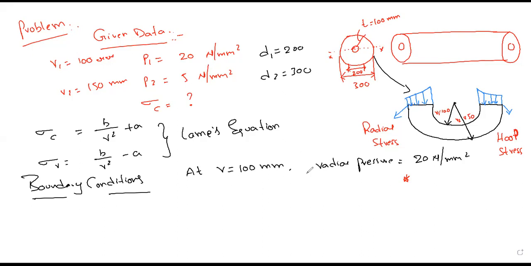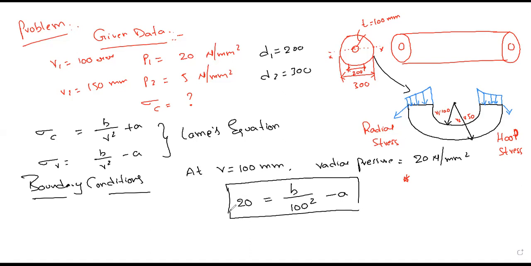Right? So by substituting these values, 20 is equal to B by 100 square minus A. Let us keep this as the third equation, because the first two equations are the Lame equations.